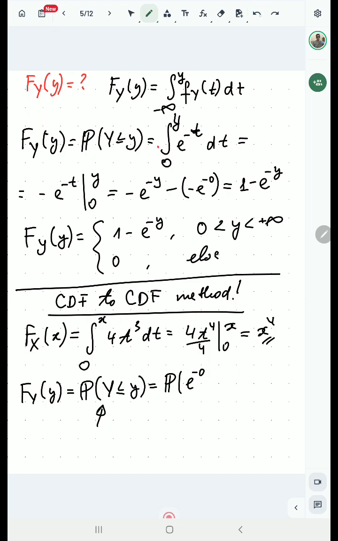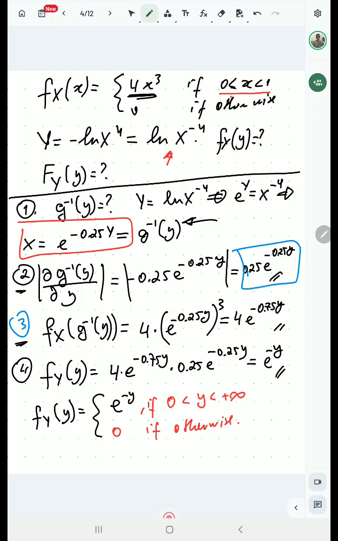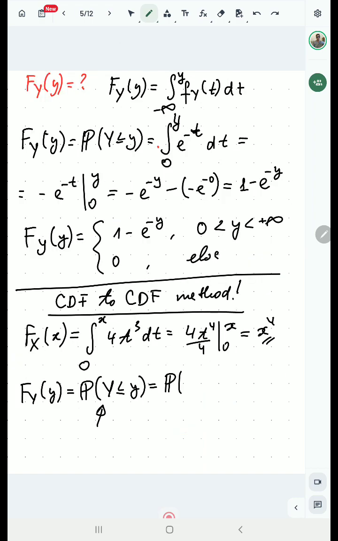Sorry, I made a mistake here. Instead of y, we have to plug in x, so y is equal to minus ln x to the power 4. Just plug in minus ln x to the power 4 less than or equal to some y.